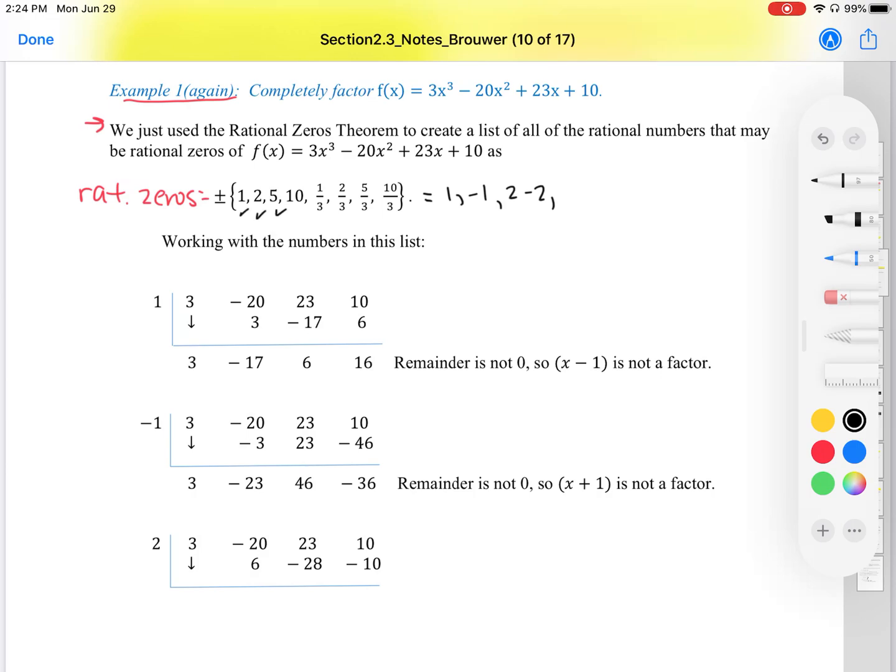I have 5 and -5. I have 10 and -10. I have 1/3 and -1/3, 2/3 and -2/3, 5 over 3 and -5 over 3, 10 over 3 and -10 over 3.